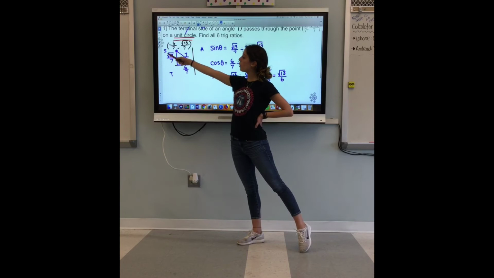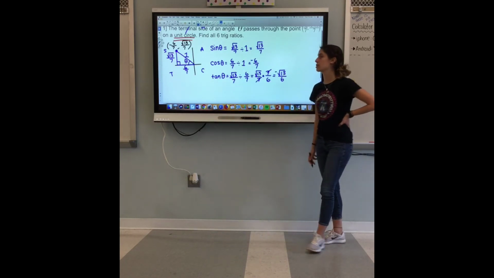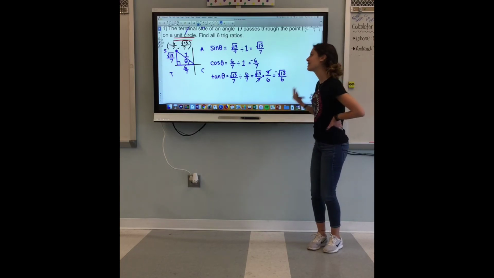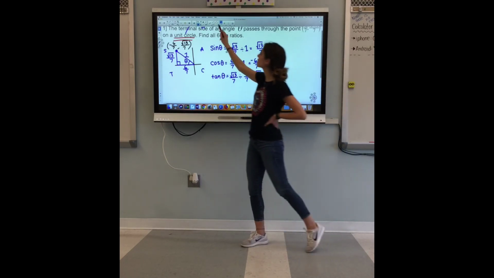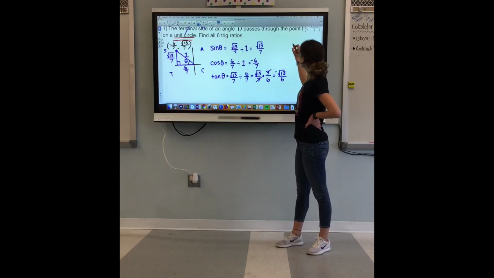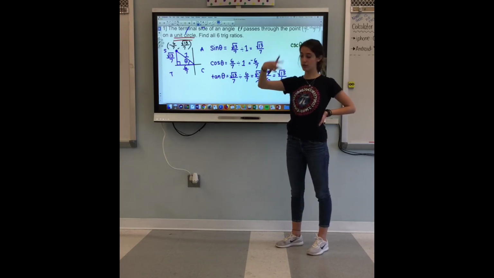Since we're in the second quadrant and only sine is positive, this is a negative radical 13 over 6. So we just found 3 of the trig ratios, so we have to find the other 3, the reciprocal trig ratios. The reciprocal of sine is cosecant of theta, and to find the cosecant, just find the reciprocal of sine.